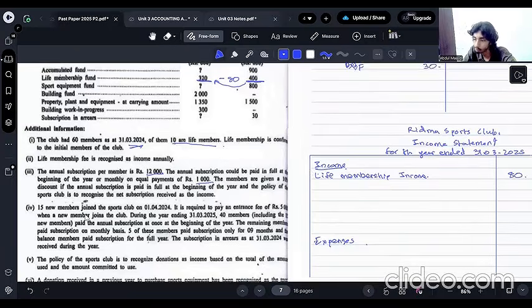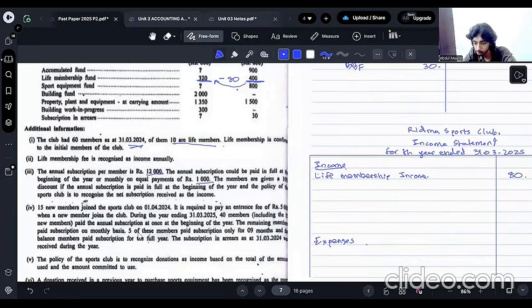Now here they are saying who paid. 15 new members joined the club on 1st of April 2024. It is required to pay an entrance fee of 5,000 when a new member joins the club. During the year ending 31st March 2025, 40 members, including the new members, paid the annual subscription at once at the beginning of the year.